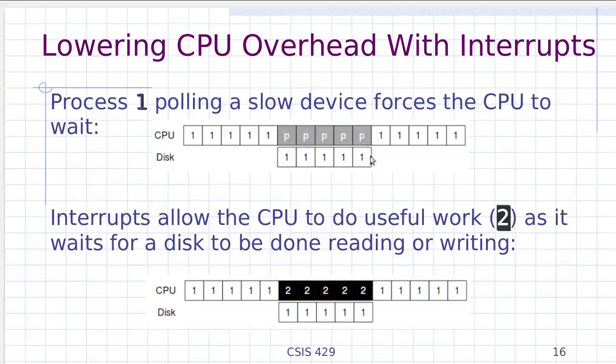while the disk device is handling this event from process 1. The disk is busy trying to write this as fast as it can, but it's very slow, and so the CPU is just sitting there in that loop, basically checking, has the status changed.